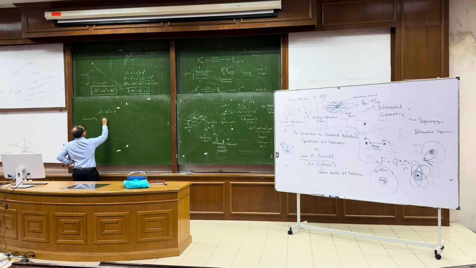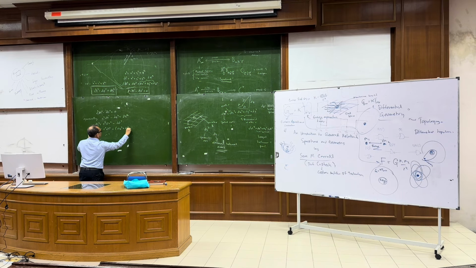So more general, c squared dt squared minus d sigma squared is ds squared. So this ds squared is c squared dt squared minus d sigma squared. In Cartesian coordinates, d sigma squared is dx squared plus dy squared plus dz squared.